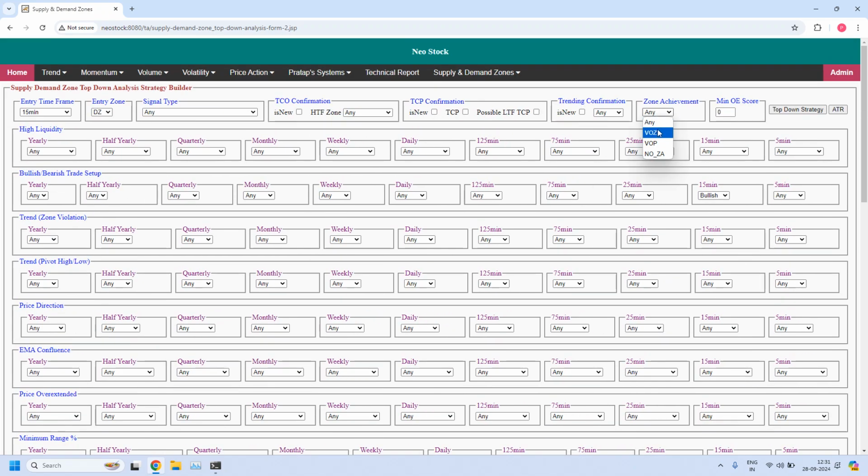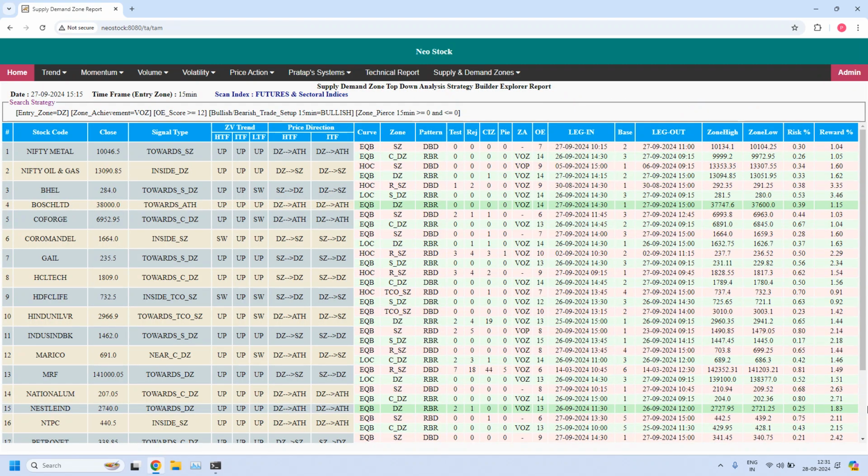And the zone achievement violated opposing zone and minimum odd enhancer score 12. All the 3 filters are applied to the 15 minutes demand zone. And all these stocks are supporting bullish trade setup for daily income trade, that is, entry time frame 15 minutes.